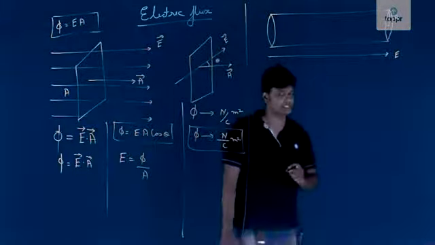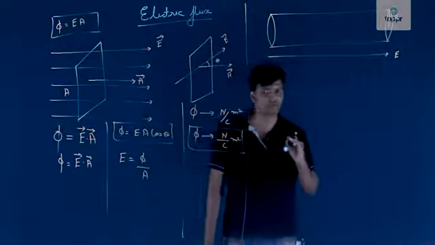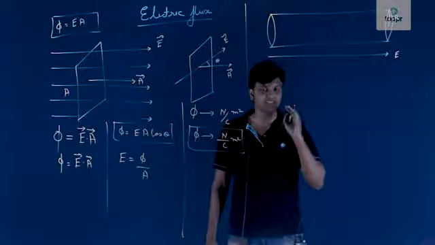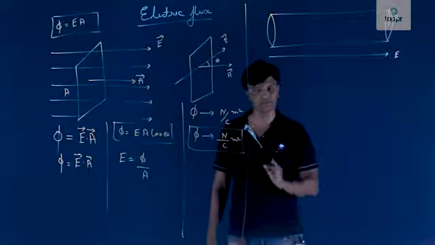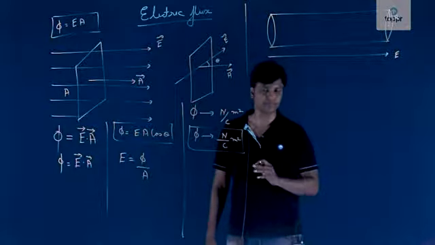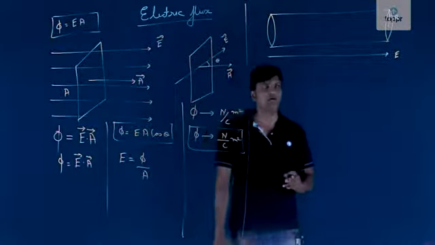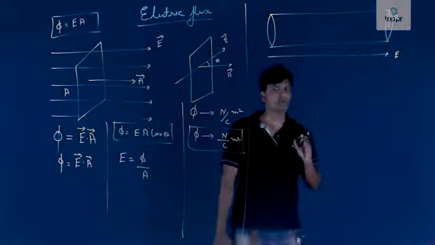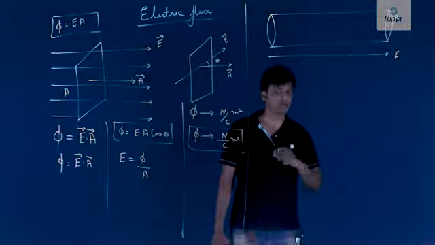Now the question is, find out the flux through this cylinder. In order to find out flux through this cylinder, we will divide this cylinder into three parts.